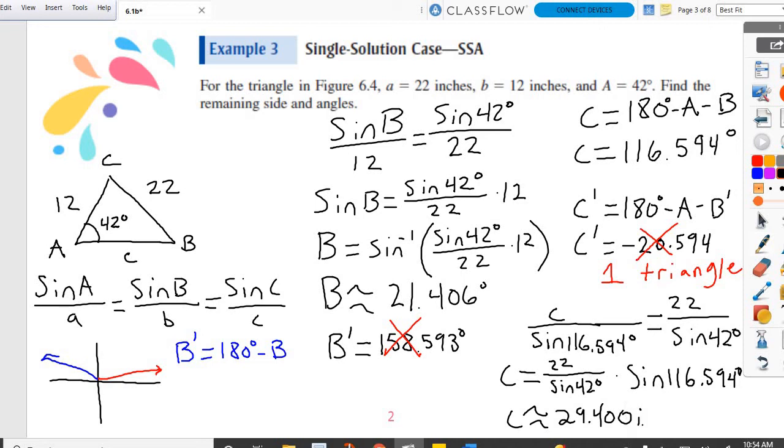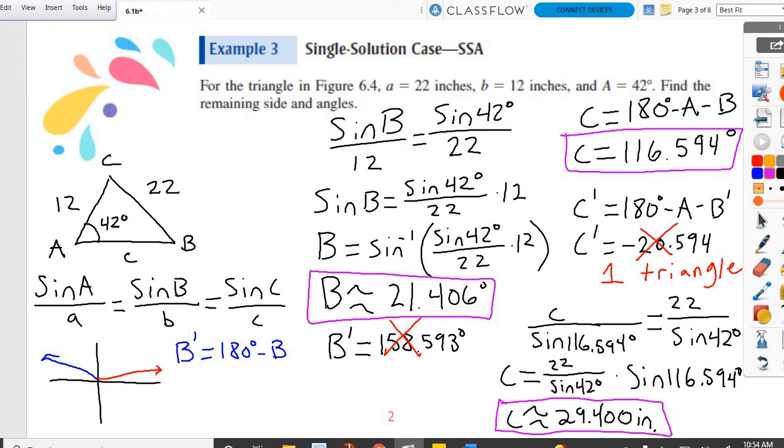And we are in inches this time. Yes. So we have 3 pieces to our 1 answer. So those would be my 3 pieces to my answer.